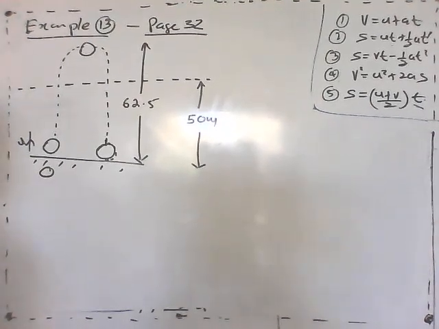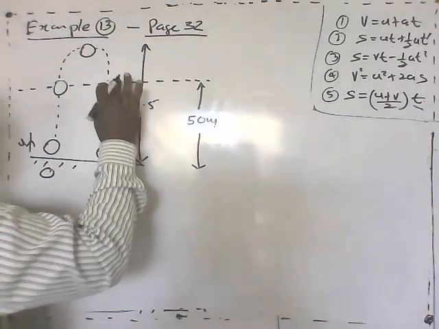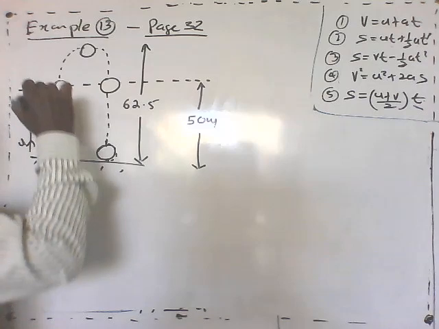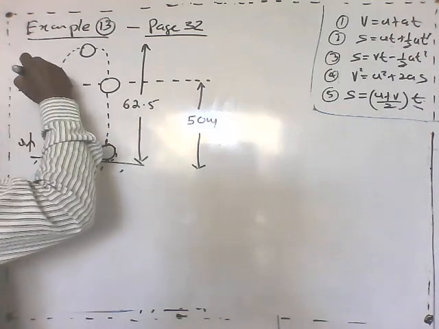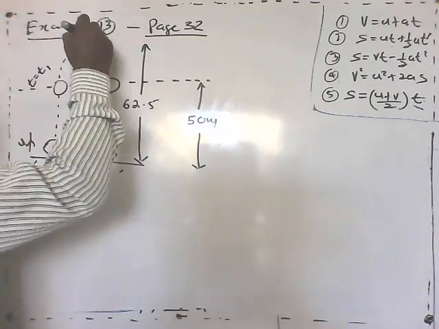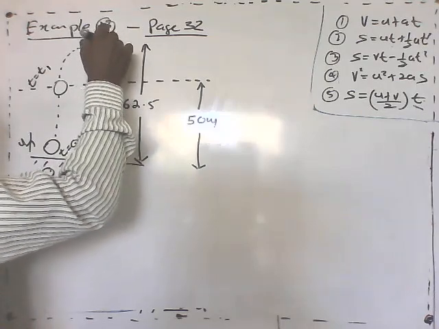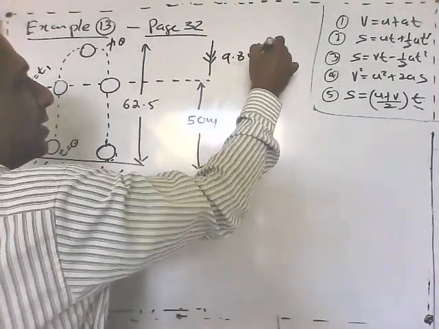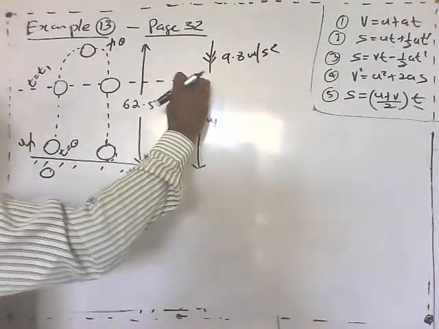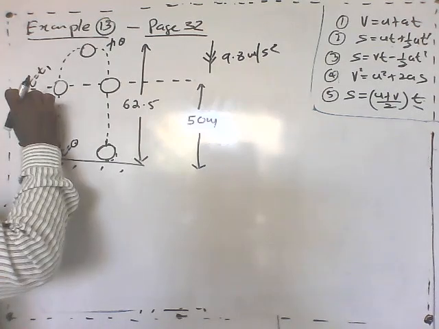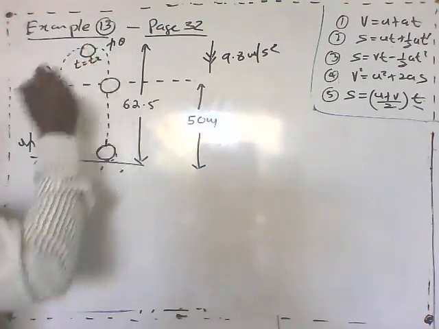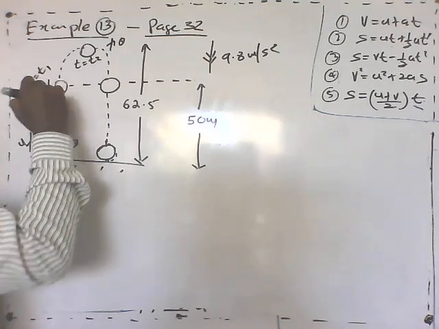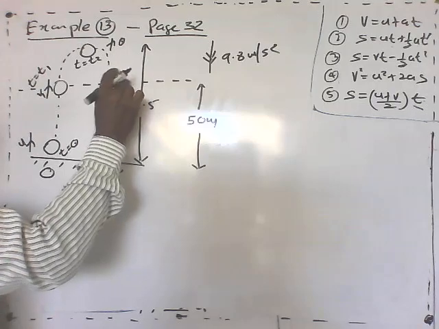So if this fellow reaches here, and we say this is t equals 0, the first time he will come to 50 meters at t equals t1, and at the maximum height the velocity is 0, with gravity 9.8 meters per second square marked too. Here it is t1, here t equals t2, and here v1 with velocity 0.